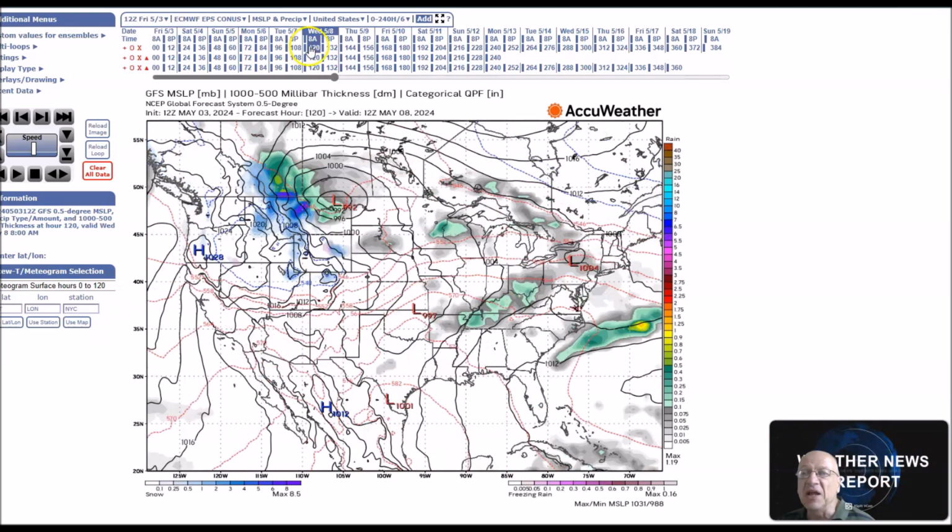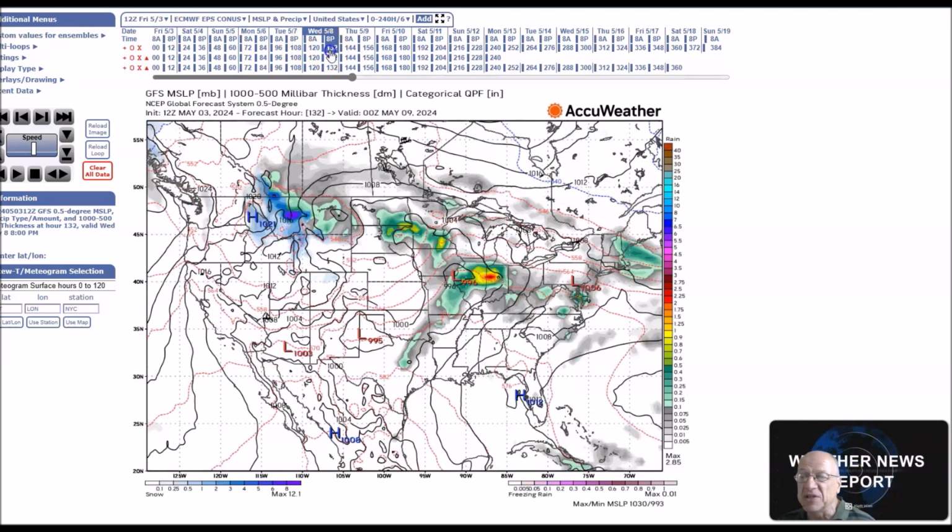This will result in cyclogenesis in the plains. You can see right here in the plains here. And that'll lift northeast. The system will cause locally heavy rain for the northern plains Midwest. And the upper ridge further to the east will cause warming temperatures across much of the central and eastern plains.